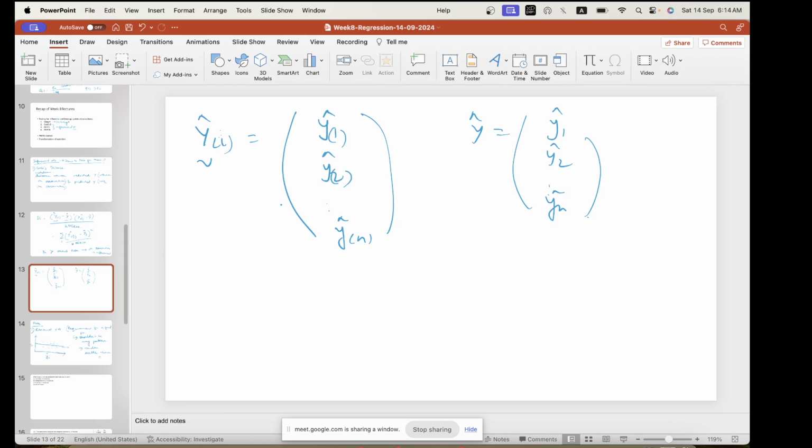Okay, so this is Cook's distance, which will help us to assess whether the ith observation is influential or not.